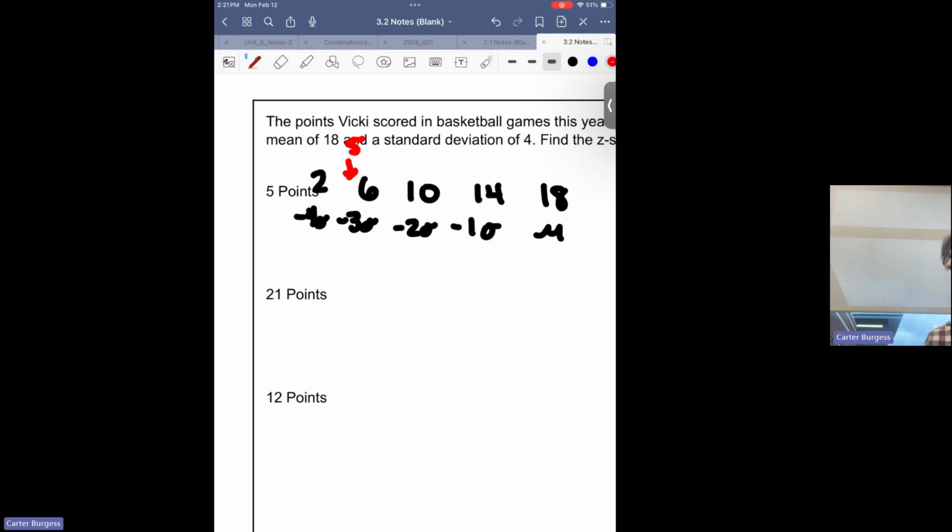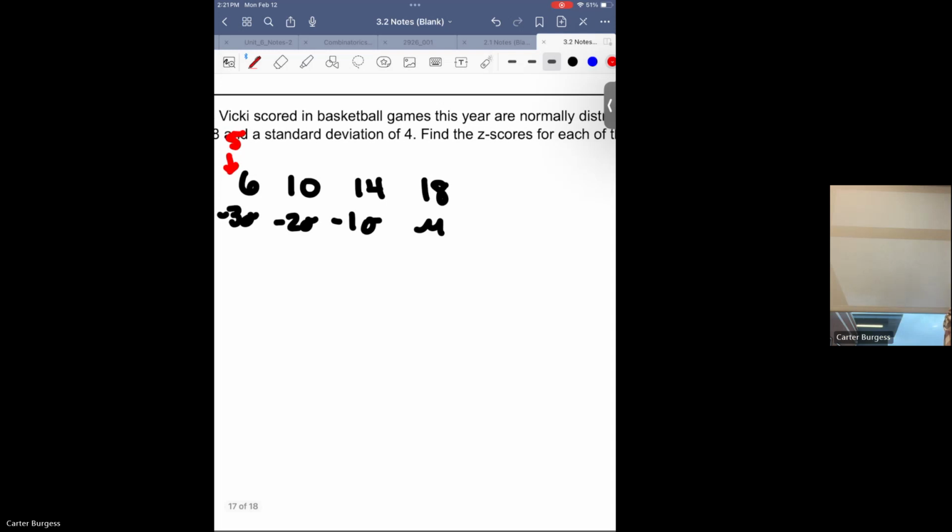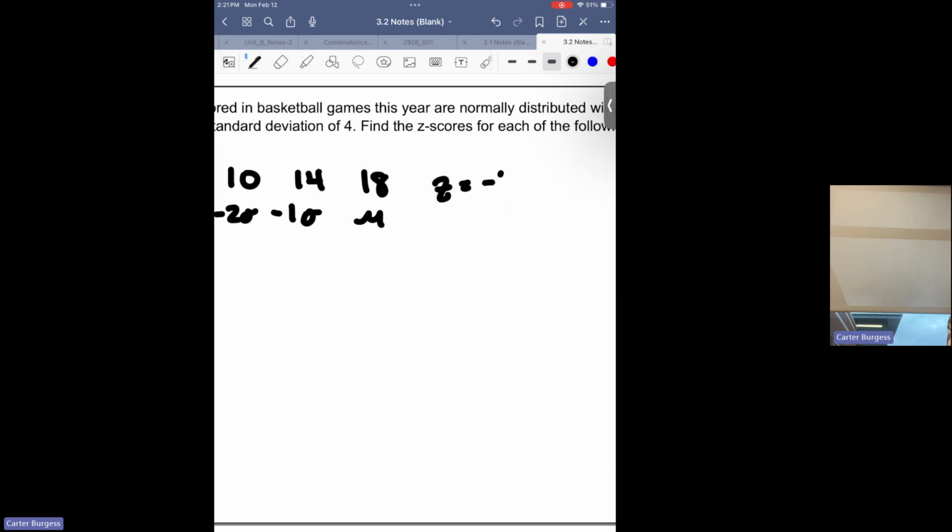What's the excess? 1 point out of 4 to make up 1 standard deviation, right? 3 full standard deviations, and then 1 of the 4 points that we need for the next standard deviation, which gives us a total of -3.25 standard deviations, right? 3 full standard deviations, and then a 4th of another.